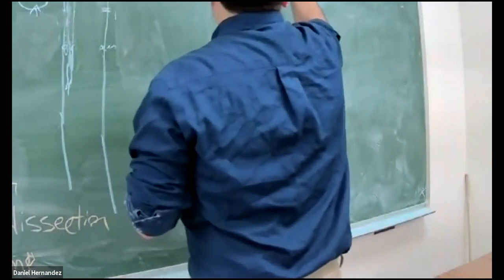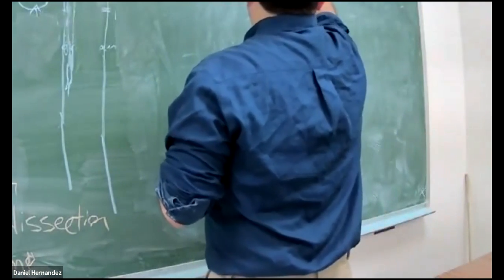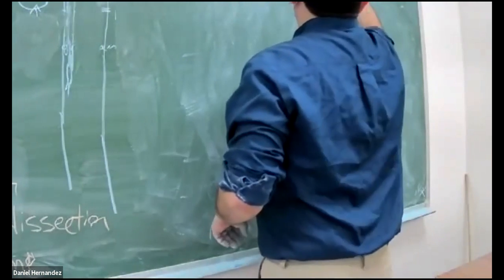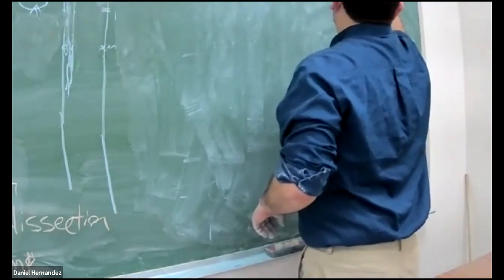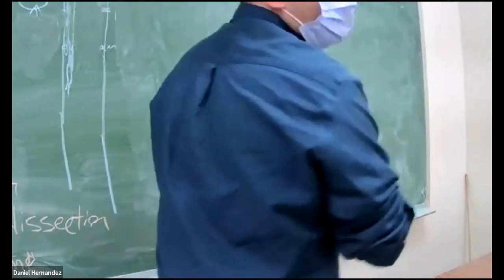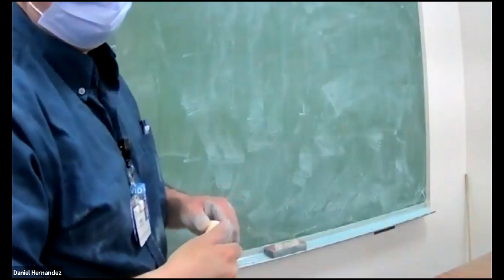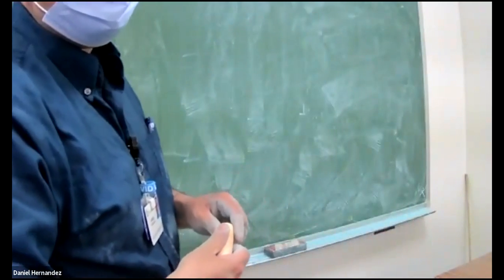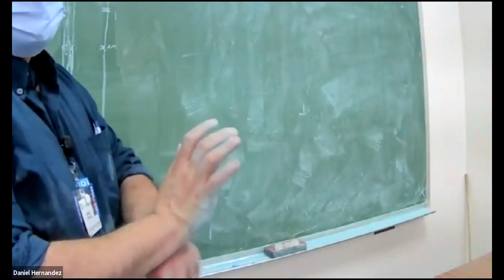Aortic atheroma. So atherosclerosis of the aorta is frequently seen during TEE.